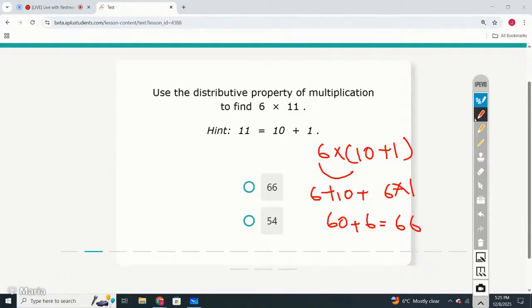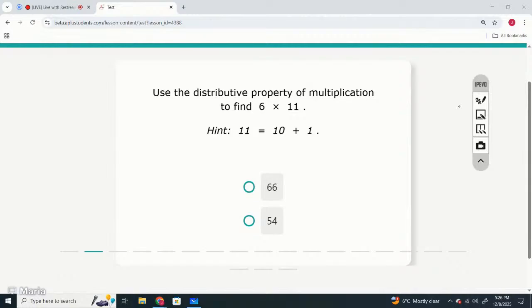Option number 1 is the correct option, that is 66.